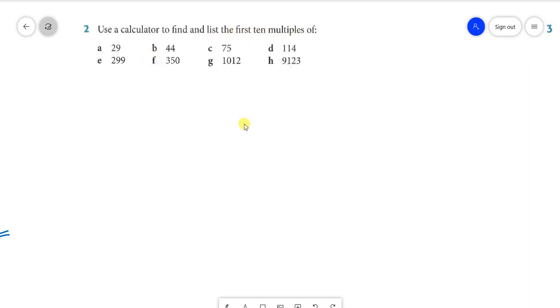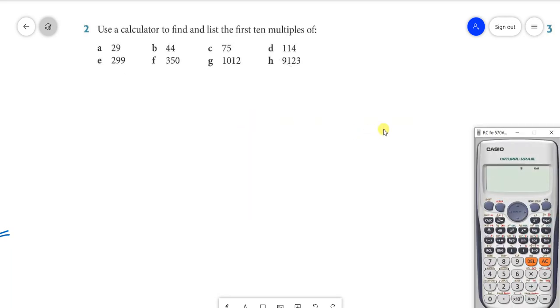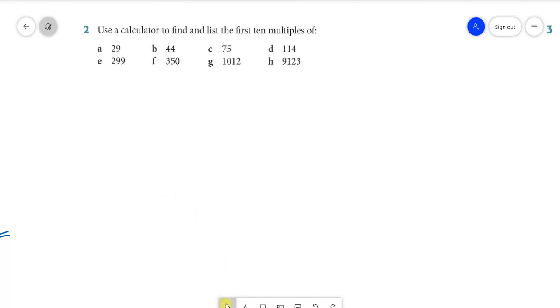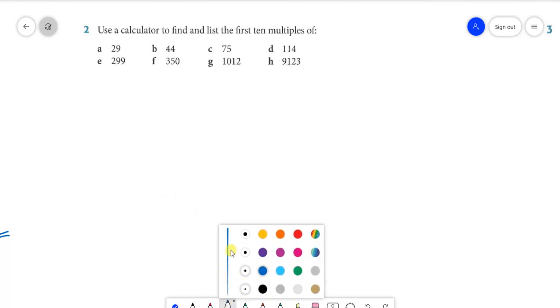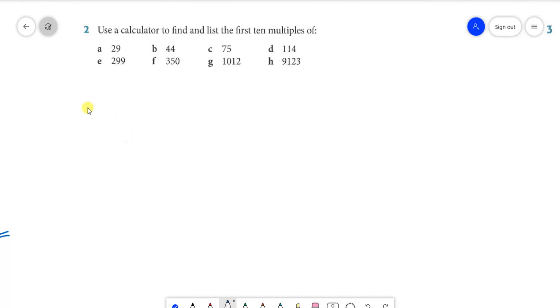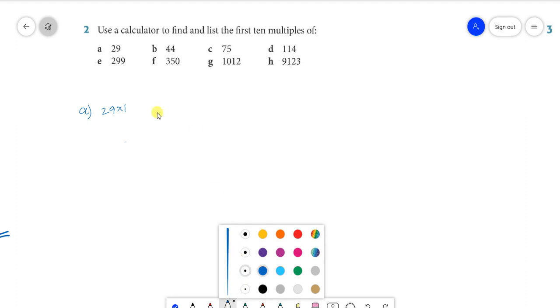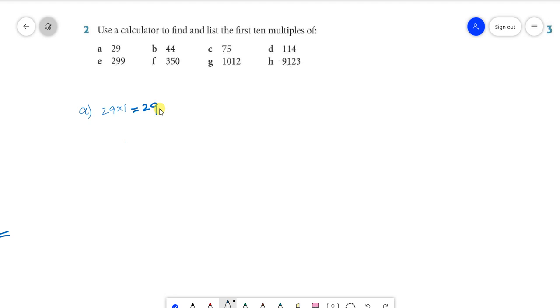Okay, so we're going to write 29 times 1. Okay, 29 times 1 is equal to 29.